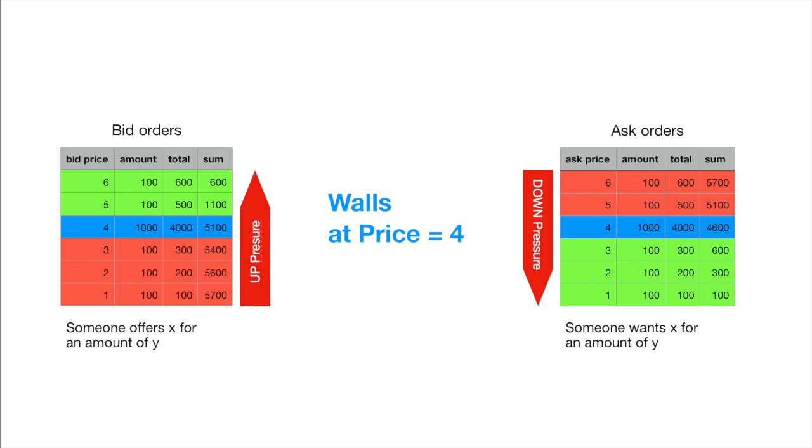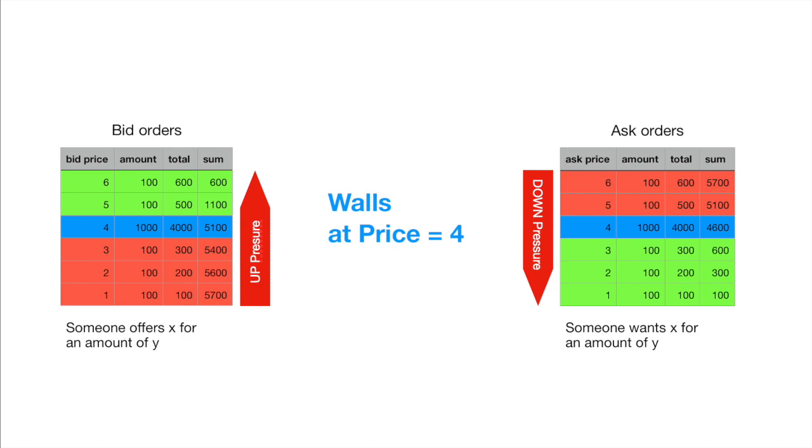So the sell order at 5 will never be executed unless there is a buyer coming along who is willing to pay more than the sum up to the sell wall, which is 4,600 right now, or who is willing to buy way more of the asset than the 1,300 up to the sell wall.